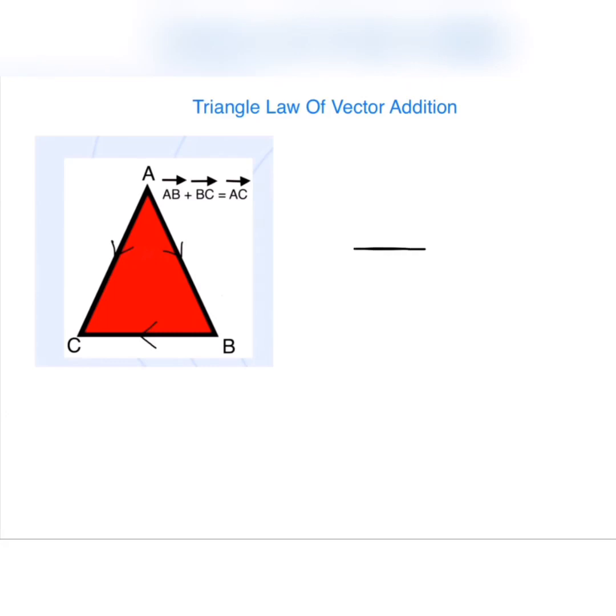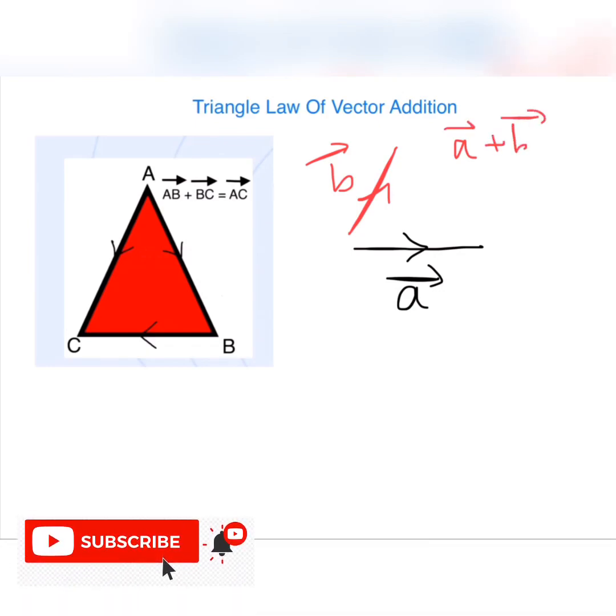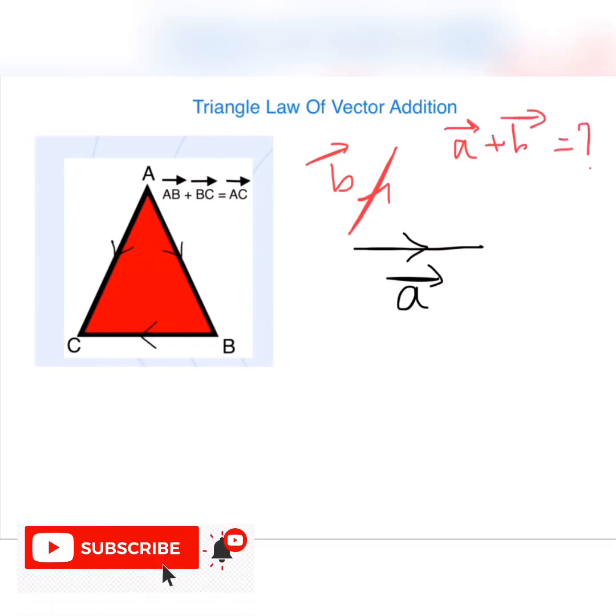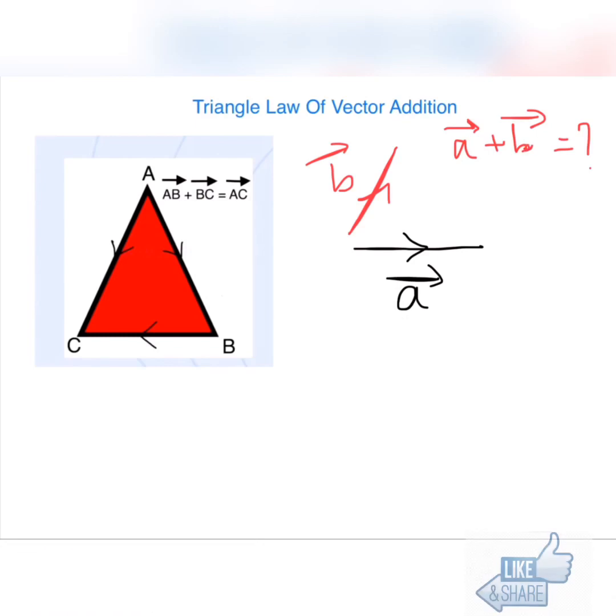Now if this is vector A and let this be vector B, and we are asked to add vector A and vector B, how do we do it? In the previous class, we learned that we are dealing with free vectors.